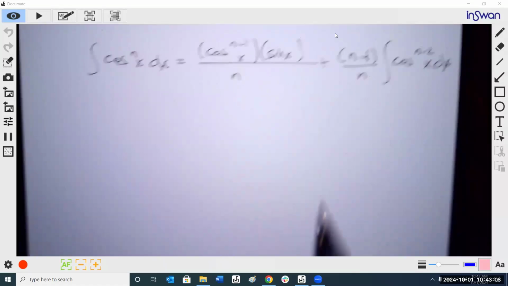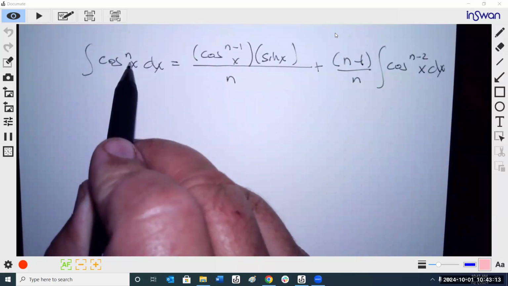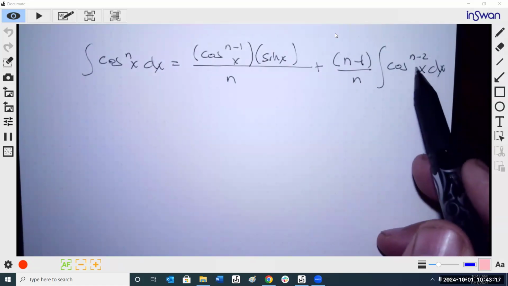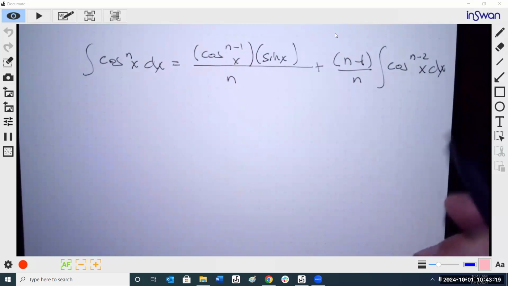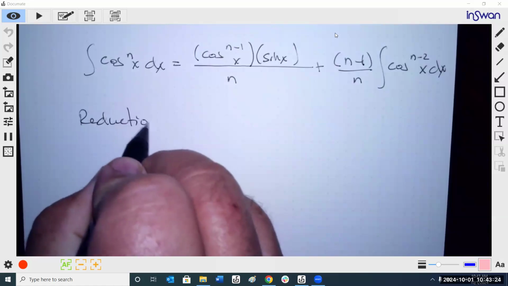Now, what we did here, notice, we took an exponent n, and all of these are smaller: n minus 1, n minus 2. That's called the reduction formula.